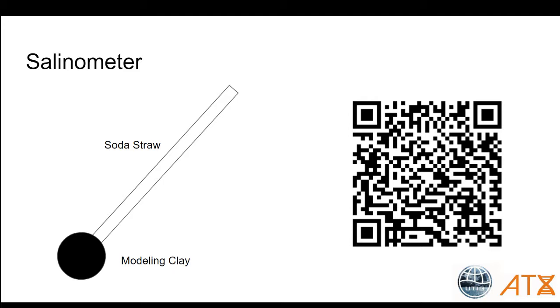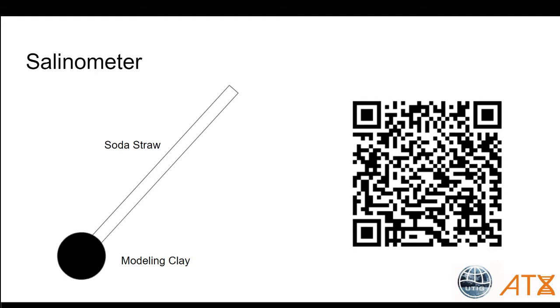You can change the concentration of salt in the solution, see how high the straw rises, and mark each of those concentrations. So this is a super simple salinometer you can make. The QR code leads to instructions that Science Olympiad actually publishes on how to build one of these. Of course, you can go a lot fancier if you want to.